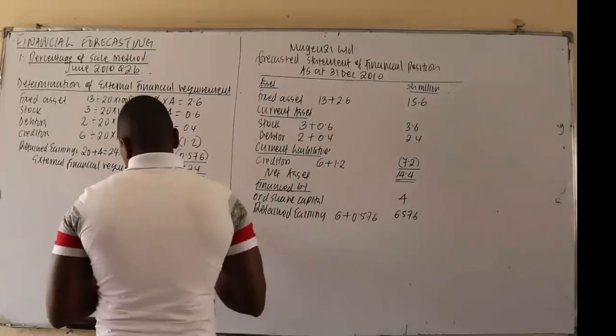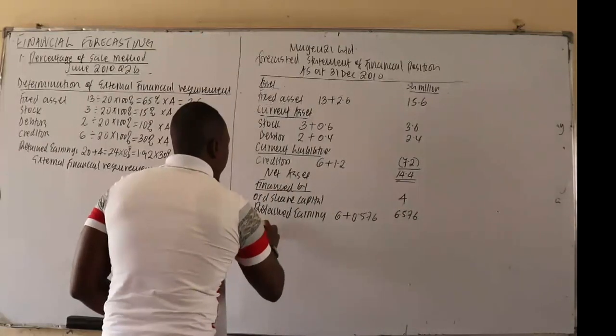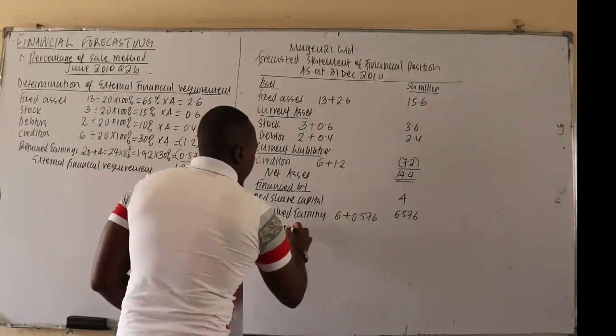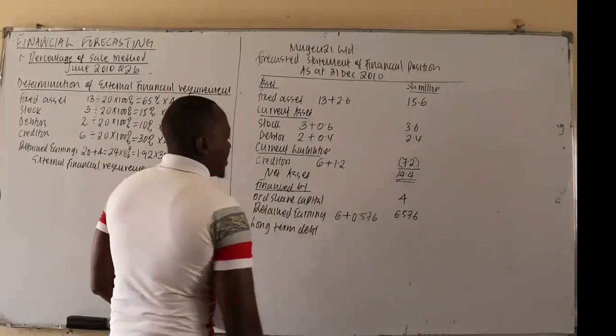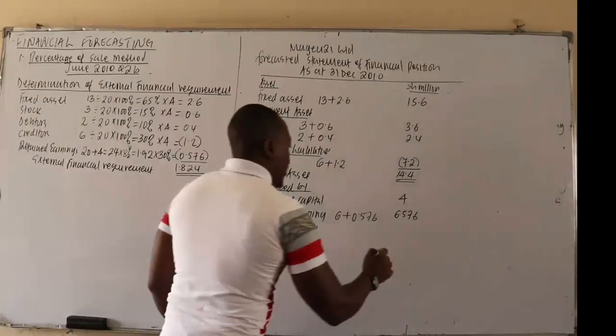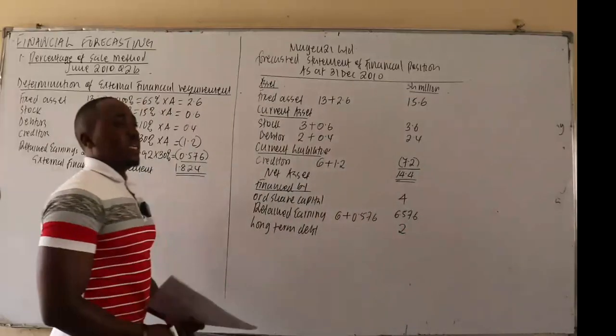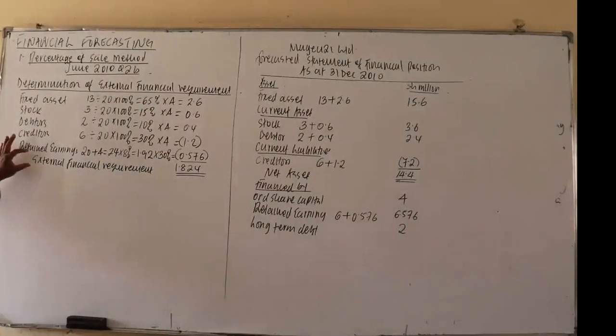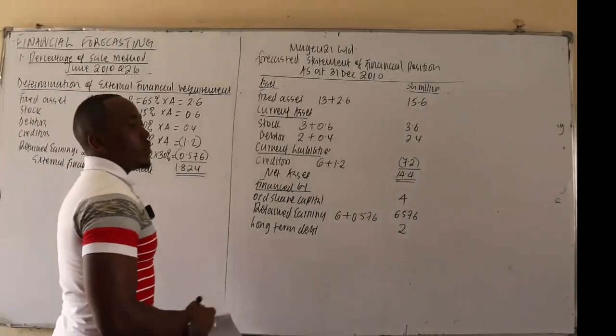So the expected retained earnings will be 6.576. And then they had a long-term debt. Now, the long-term debt does not change when the sales change. We never talked about changes in current liability; it's only the current liability. So the long-term debt will remain to be 2. But this is what we expect to borrow externally, the external financial requirement. This is the amount the company expects to borrow, so that will be part of the debt.